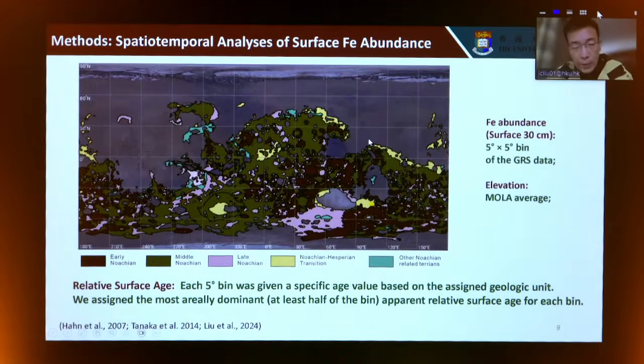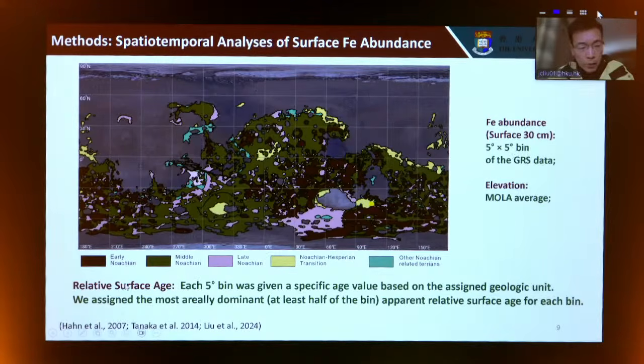take the iron distribution on a global scale using the gamma ray spectral iron abundance. Each pixel is 5 degrees, and I use the molar iron abundance and elevation to get the average elevation for each bin.